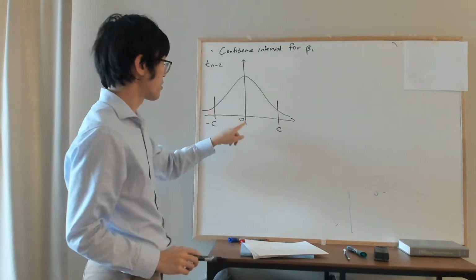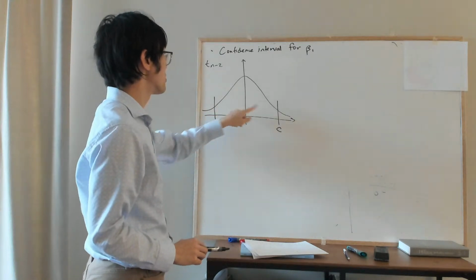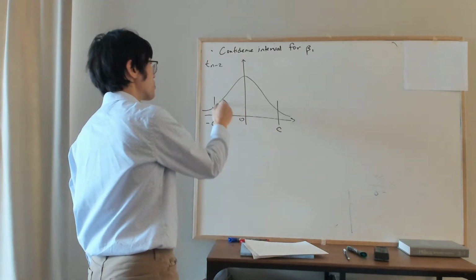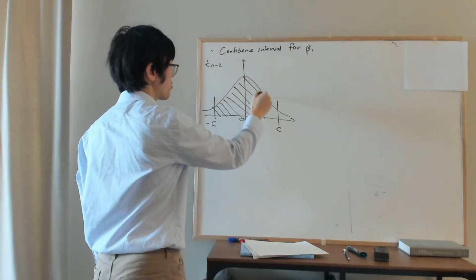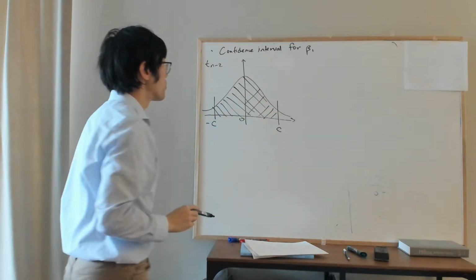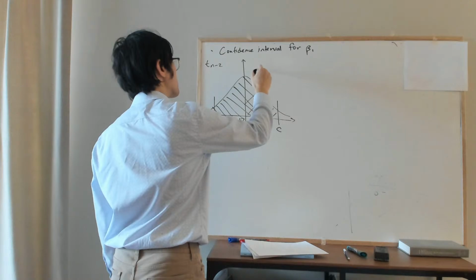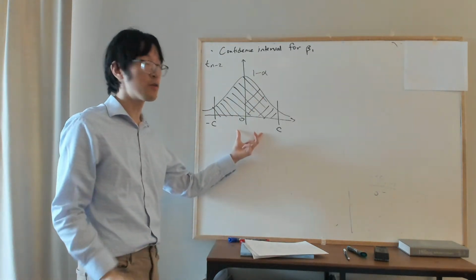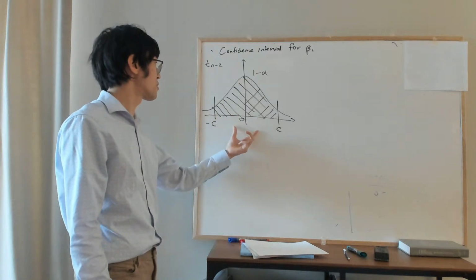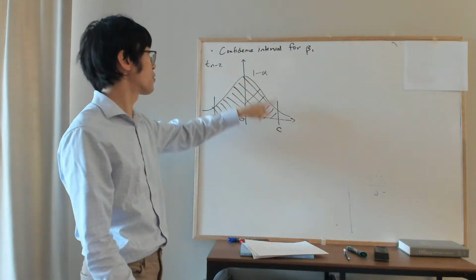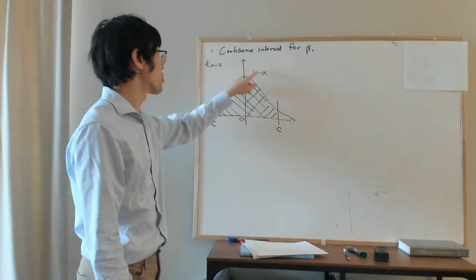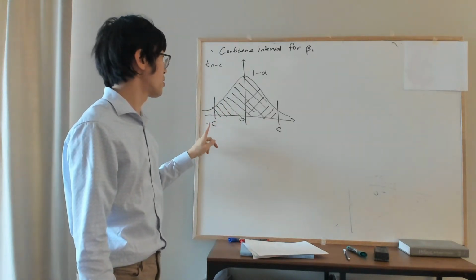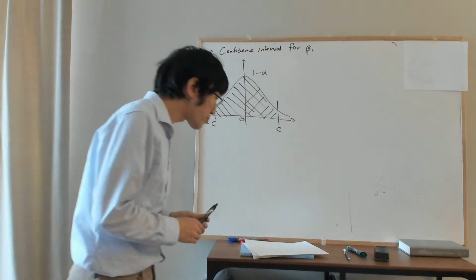So c and minus c, so there's an equal amount of area under the curve here. Generally we use alpha to denote confidence level. So we want a 1 minus alpha confidence interval. We're using this central part of the t distribution such that the area under this part of the curve is 1 minus alpha, and then the bounds are symmetric from minus c to c.